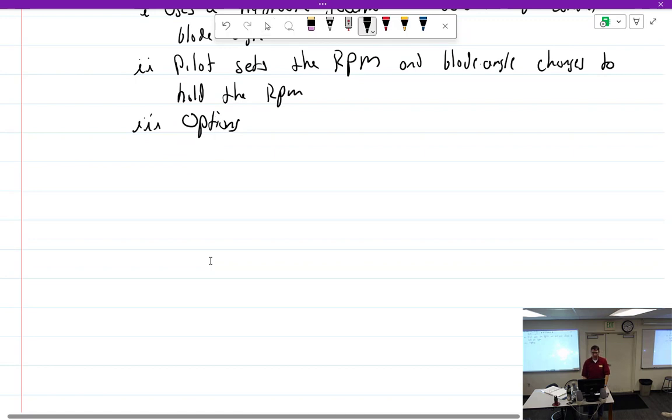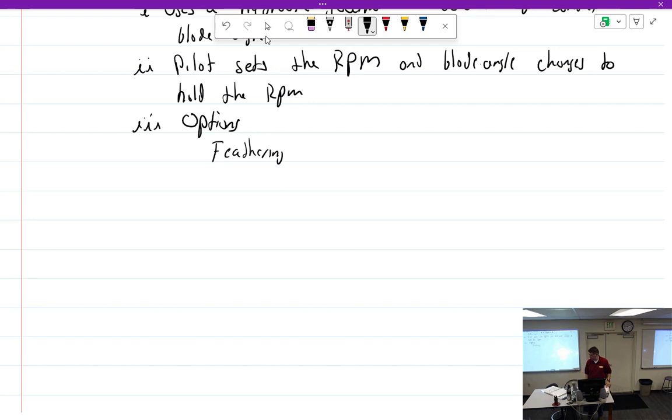So what are some of the options we get into with the constant speed? We have the feathering, which you know what that means, right? Feathering is the same as a constant speed, but the prop can be feathered. It's just a constant speed that has more range to it. We'll get into that.